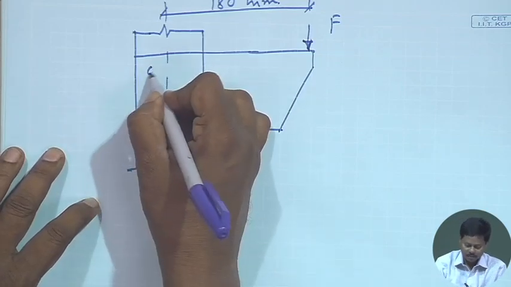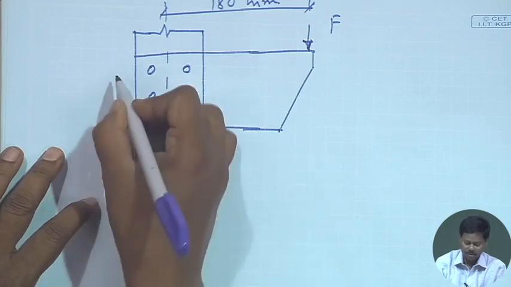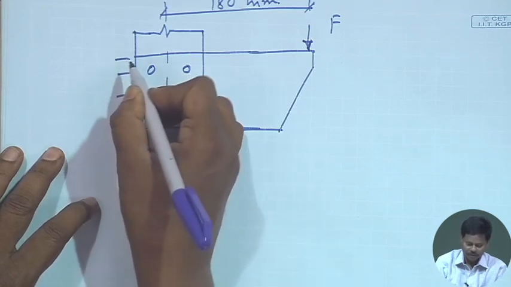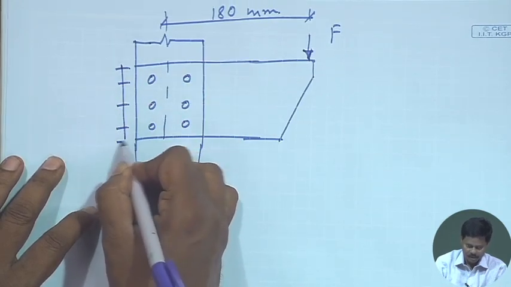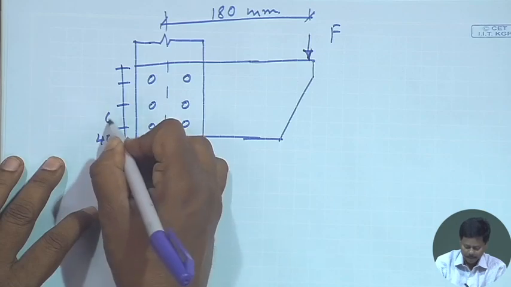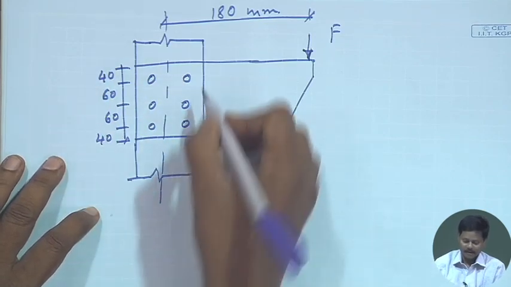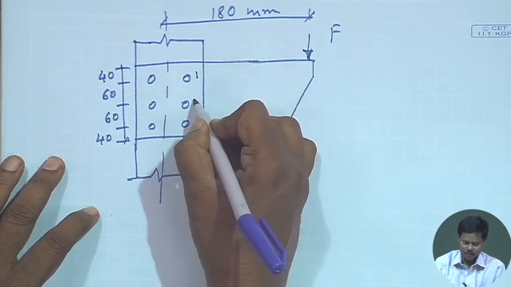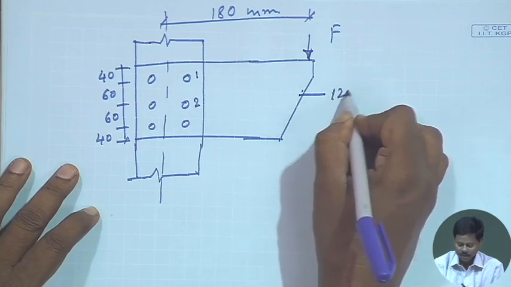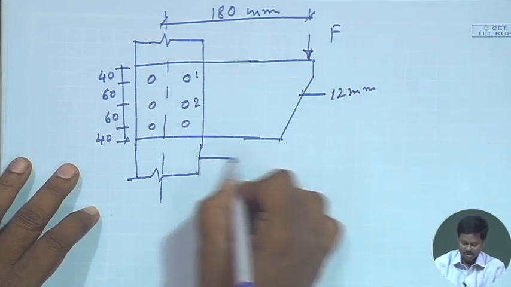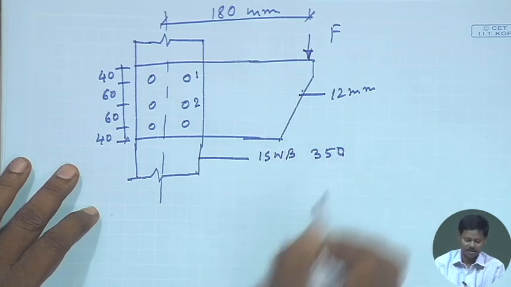Now, bolts are placed in this way, 6 bolts are placed with a pitch distance of 60 mm and edge distance of 40 mm. So, this is bolt number 1, this is bolt number 2, and this bracket thickness is 12 mm and this is ISWB 350 section.